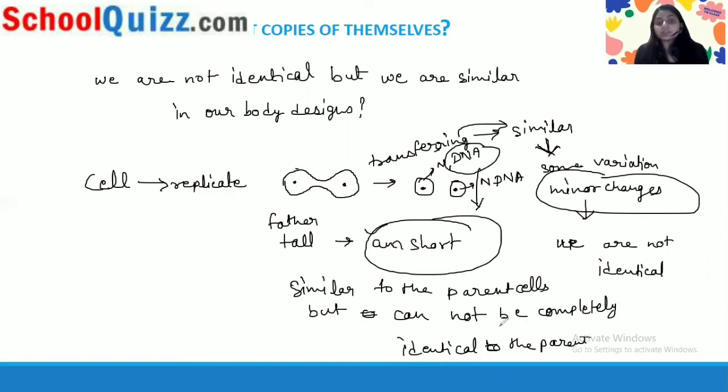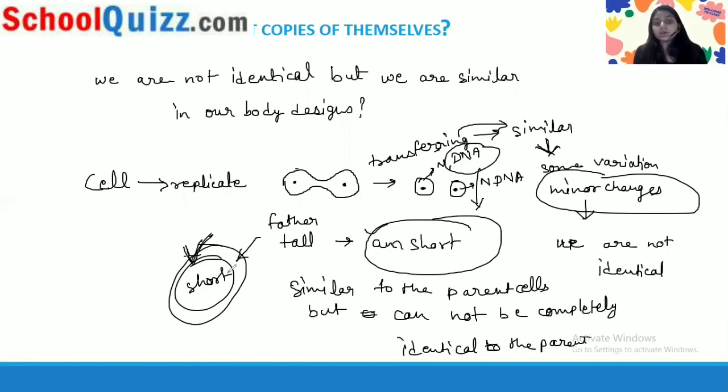If the father and mother are tall and the child is short, some information has changed with minor changes. The cells which are transferring go through some variations. That's why this person becomes short.